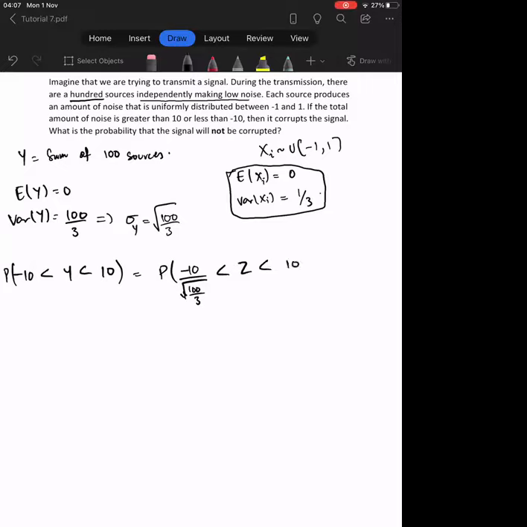I'm just going to define that. Z is normal. That means 0 and standard deviation 1. हमने standardized कर लिया इसको.